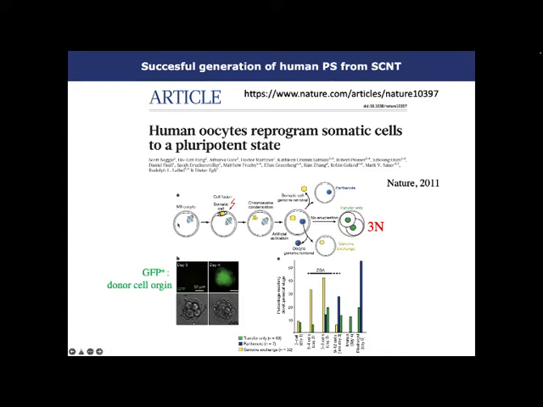Here are the details. So we fuse the somatic cells into a non-enucleated egg. I mean, they use the ordinary egg, which is not enucleated. So this is the host genome, and this is the somatic cell genome. And after chromosome condensation, they manipulate this embryo in three different ways.